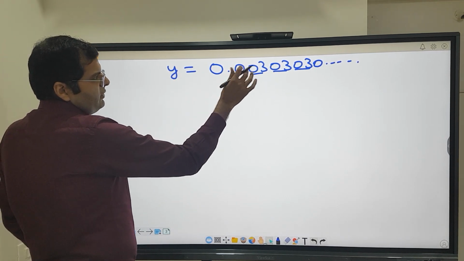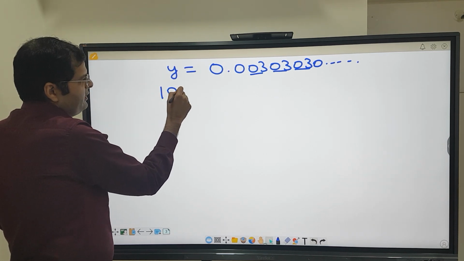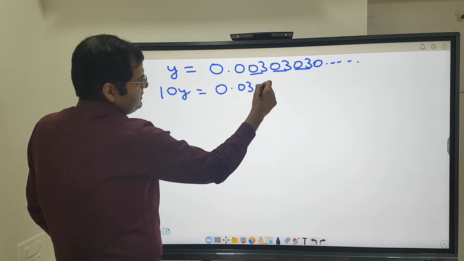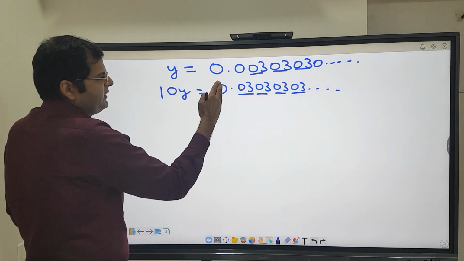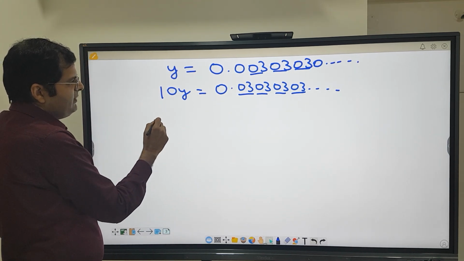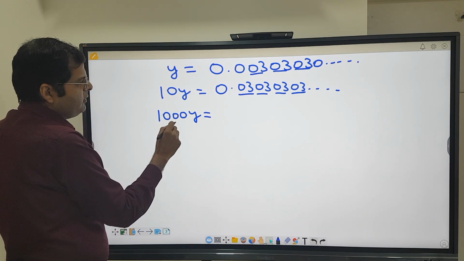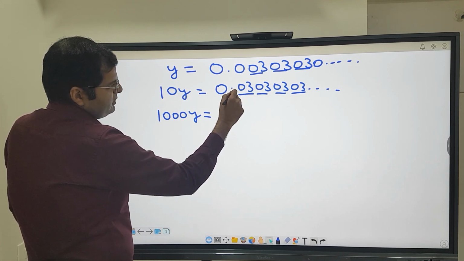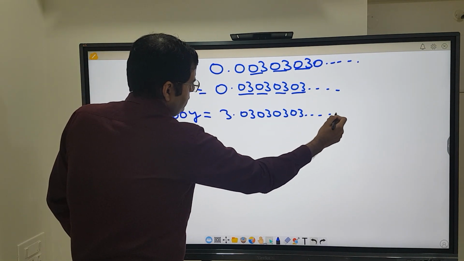For this additional 0, I will take care of it by first multiplying y by 10. So 10y becomes 0.03030303 and so on. Now I am of the form where I have a decimal and then the repetition is taking place. Two digits are getting repeated, so I will multiply this 10y by 100 further. So this becomes 1000y, and the decimal shifts two places to the right, so it becomes 3.03030303 and so on.